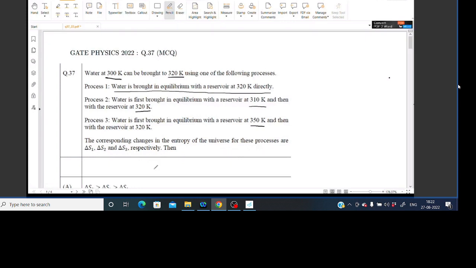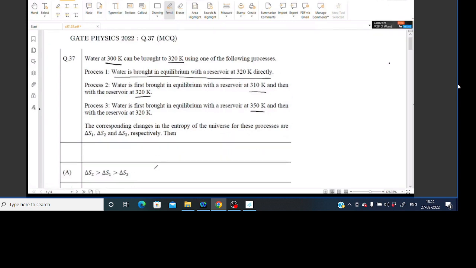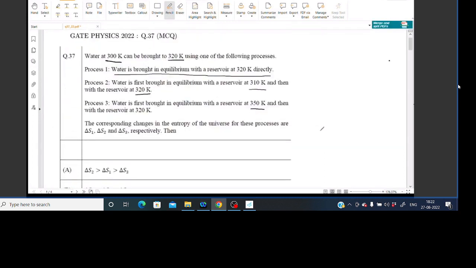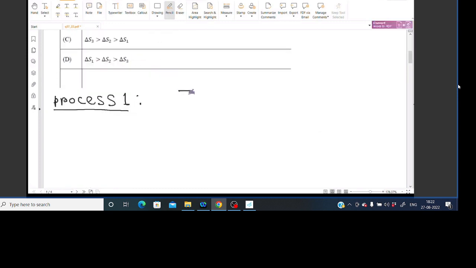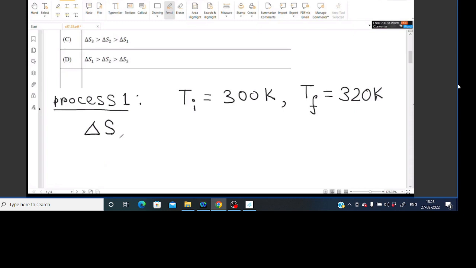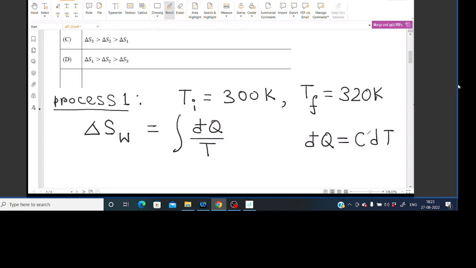So let's solve this problem. We shall first focus on process 1. In process 1, water is brought in equilibrium with the reservoir at 320 Kelvin directly. So the initial temperature of the water is 300 Kelvin and the final temperature is 320 Kelvin. The change of entropy of water in this process is equal to integral del Q by T. Here del Q is equal to C dT, where C is the heat capacity of the water.